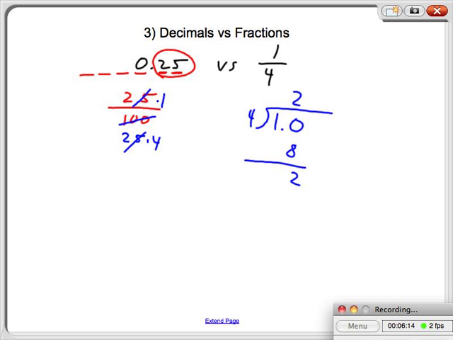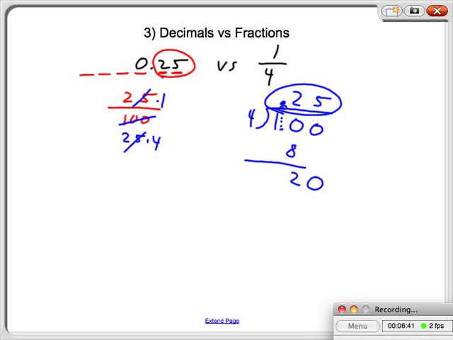But if I don't want a remainder, that simply means I need to put another 0 here, bring the 0 down, see if 4 goes into 20, and of course 4 does go into 20 evenly. It goes in 5 times. Don't forget the decimal has to stay here. So clearly 4 goes into 1 0.25 times. 1 divided by 4, also 0.25, which again I'm sure you know already.